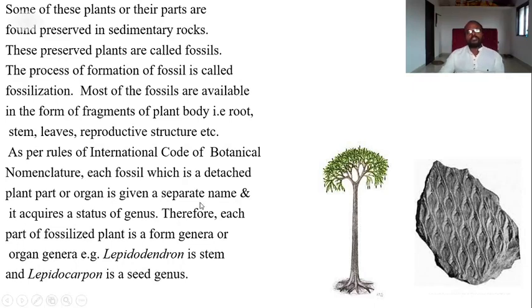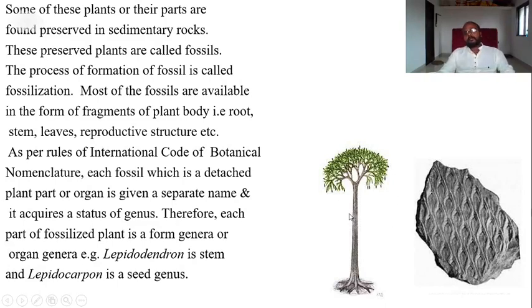Each fossil, which is a detached part or organ of the plant, has a separate name. That means the root of the fossil plant has a separate name, the stem has a separate name, and the leaves have a separate name. Therefore they are called organ genera or form genera.